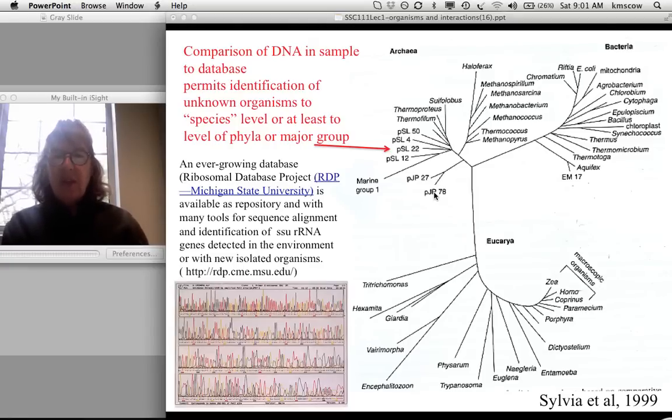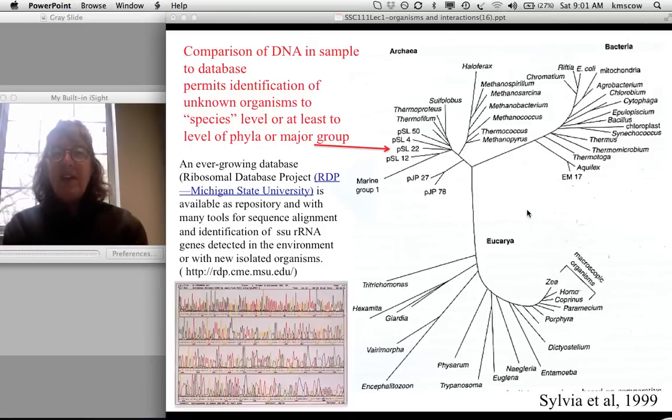The other great thing about this is, because all this data exists, there are all these molecular tools that you can make based on these known sequences. We'll talk about this later on in the class, but probes and primer sets can be developed based on these known sequences, and then you can take these tools and go look for organisms in nature.